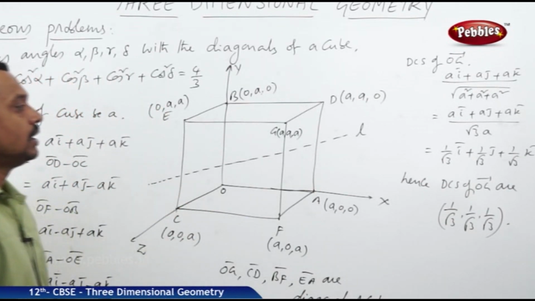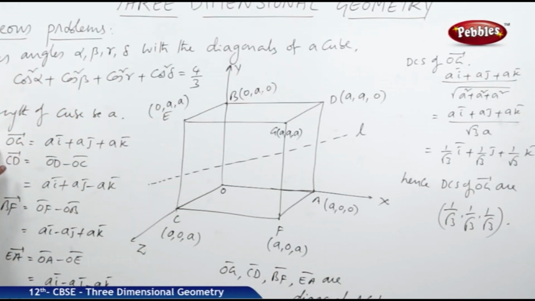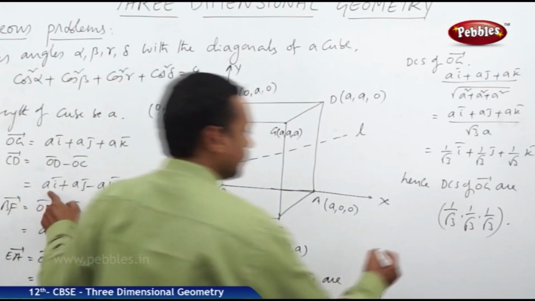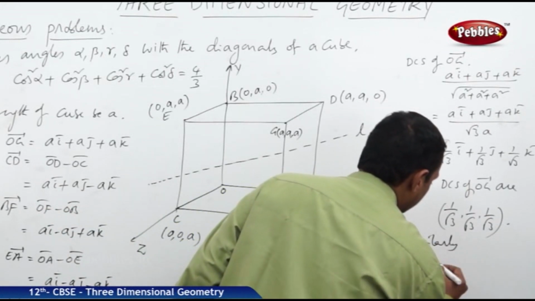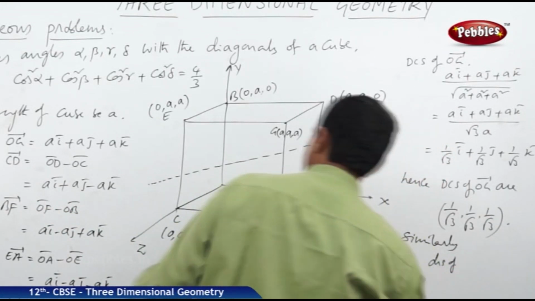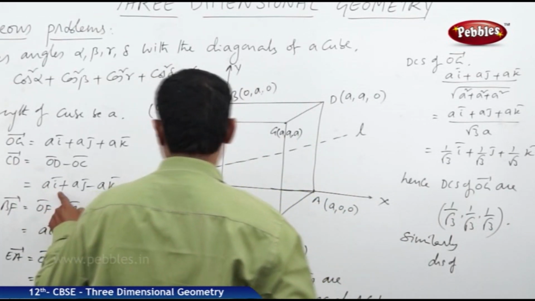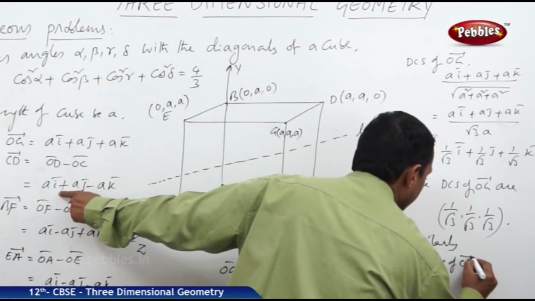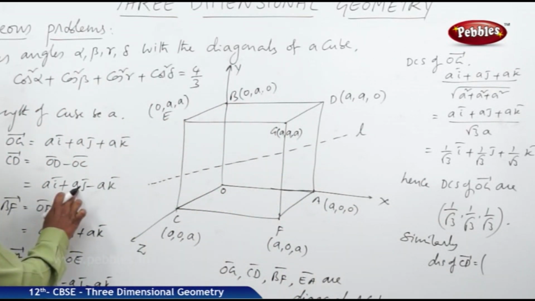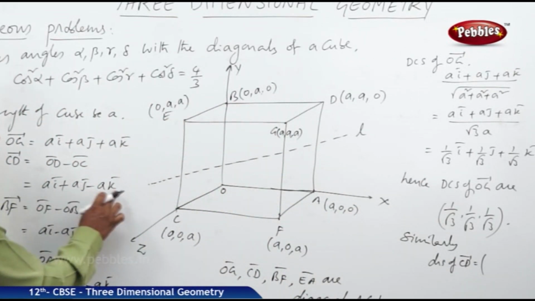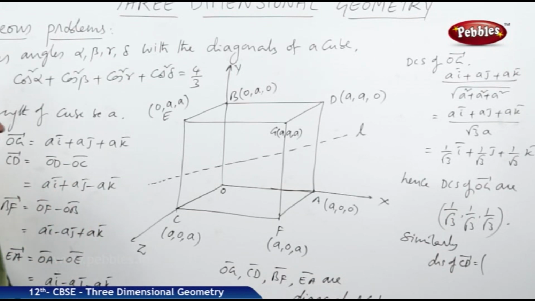Similarly, in the same way, we can find the direction cosines of the CD vector. What are they? AI plus AJ minus AK by root of A square plus A square plus A square.